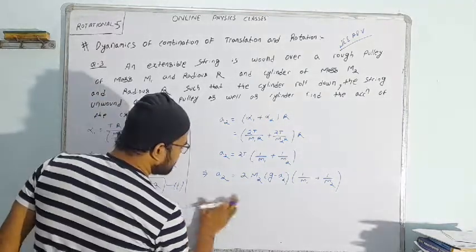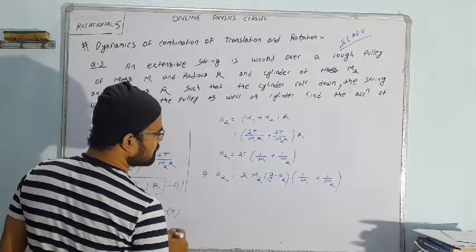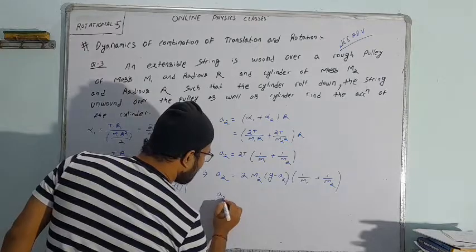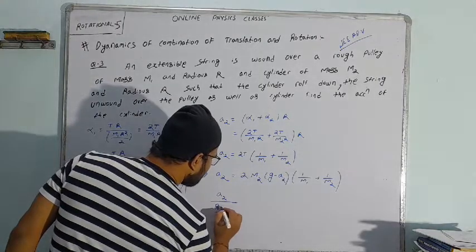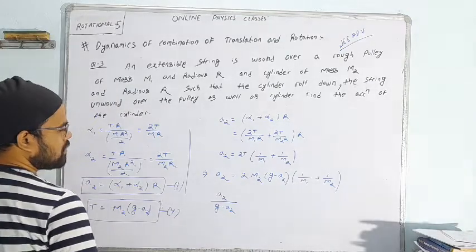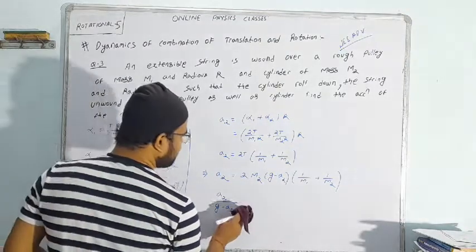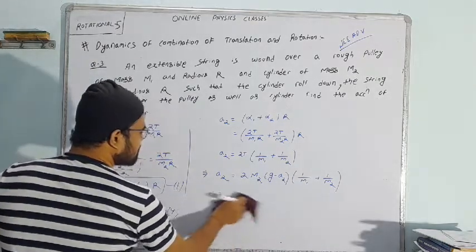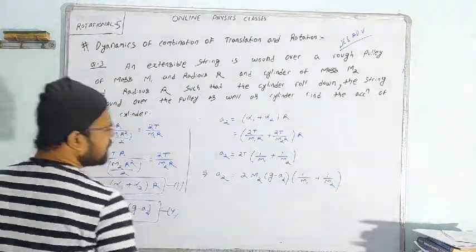Okay, let's do it. If you divide this by g minus a2, please solve this equation, very simple.